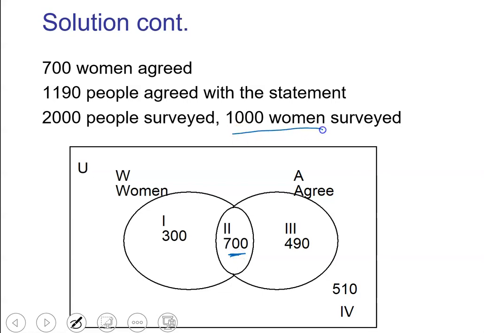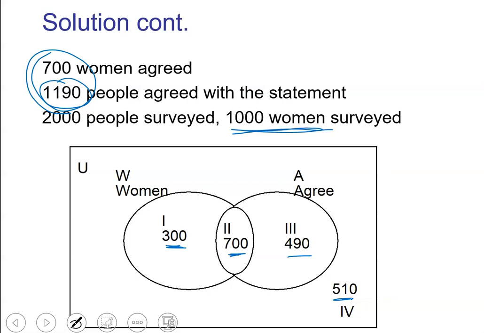We knew there were 1,000 women total surveyed, so that brings us to 300 who didn't agree. We also knew that 1,190 people total agreed, so if I subtract, I get 490 agreed. And what's left over outside of both of those ovals is 510.